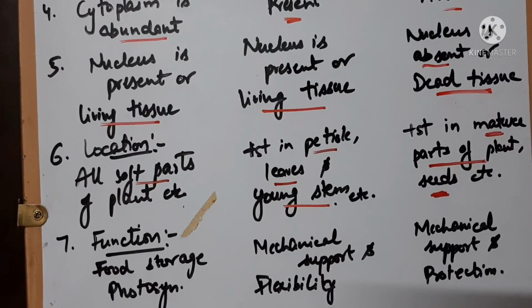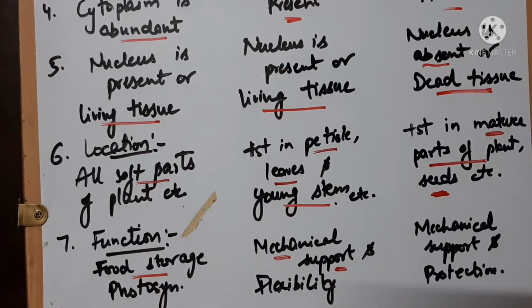So now let's see what is the function of these three types. The main function of parenchyma is food storage and photosynthesis, right? And the main function of collenchyma is it provides mechanical support and flexibility.